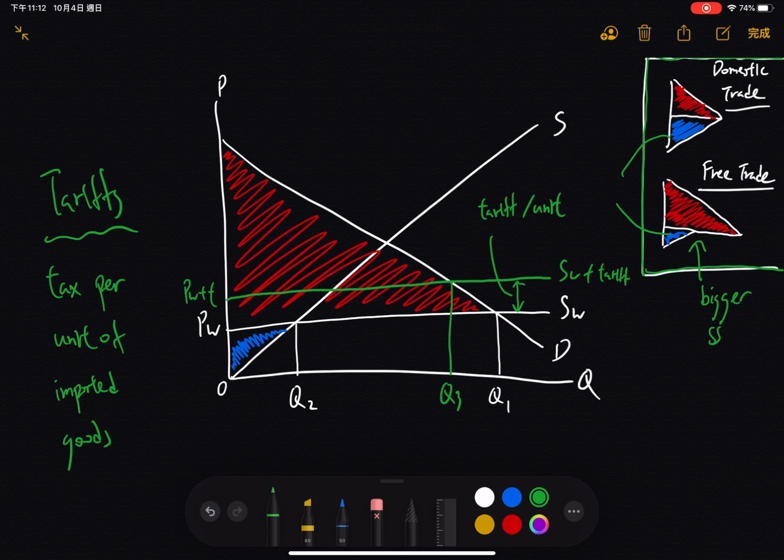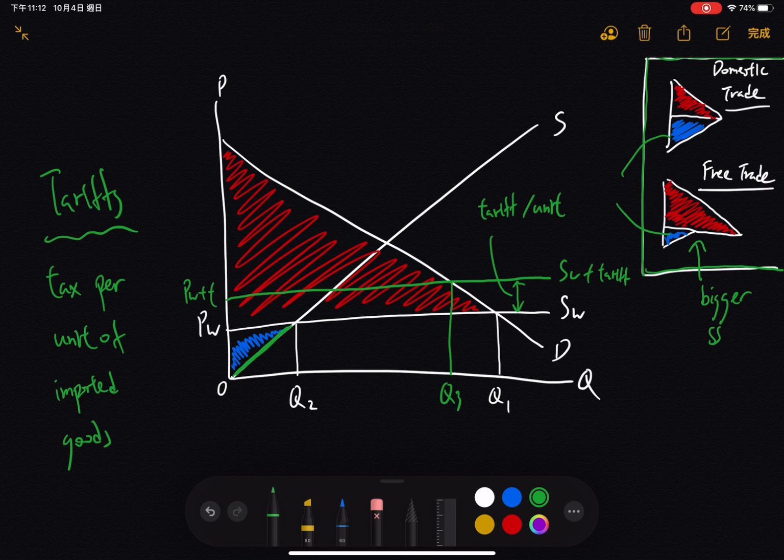Very simple, right? And for the domestic producers, let's take a look at what happened to them. Before the tariff, only this amount of producers were able to survive.